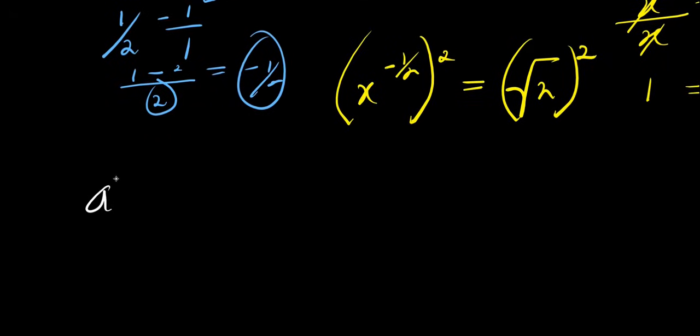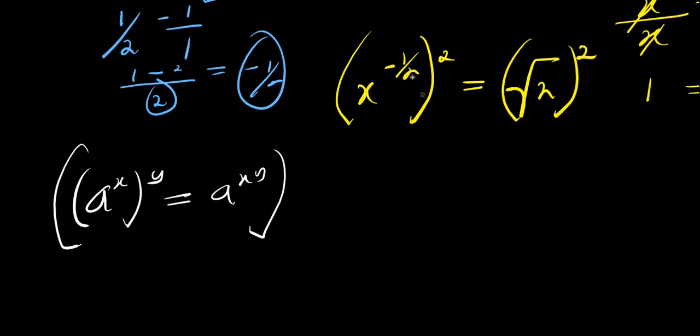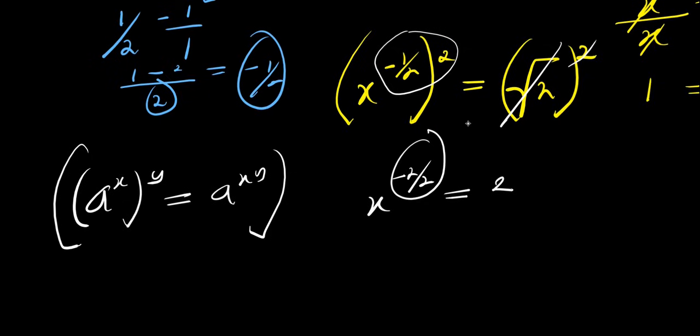And if you have a power x power y equals a power x times y, multiplying this exponent, have x power, this is negative 2 over 2 equals this, eliminate this, I have 2. Negative 2 divided by 2, that is negative 1. X power negative 1 equals 2.